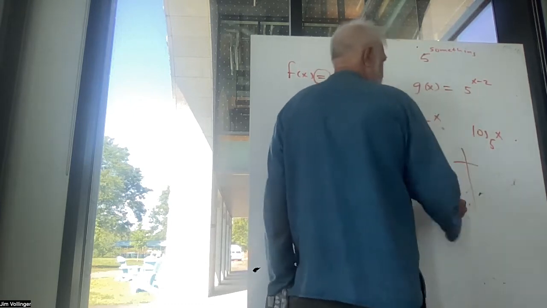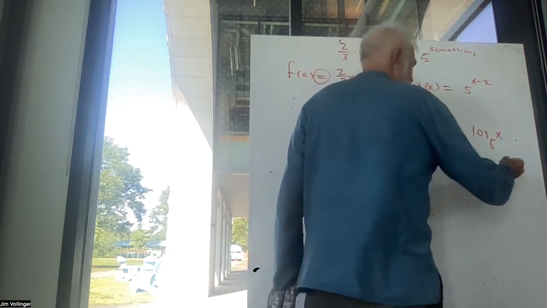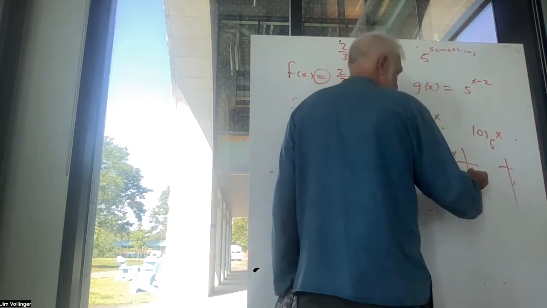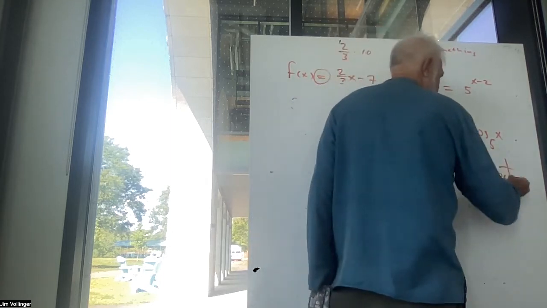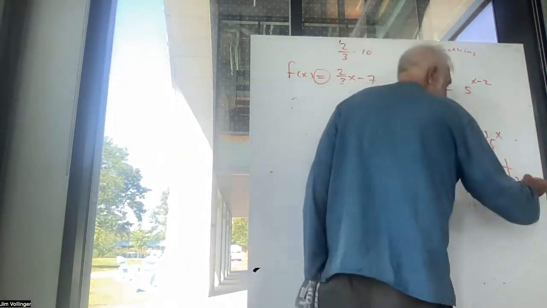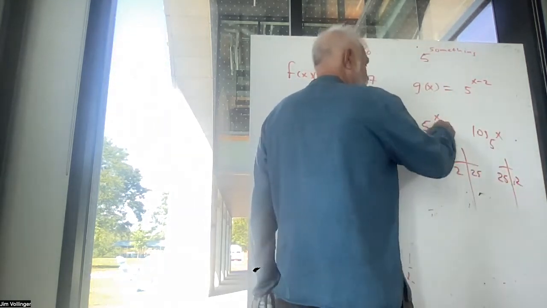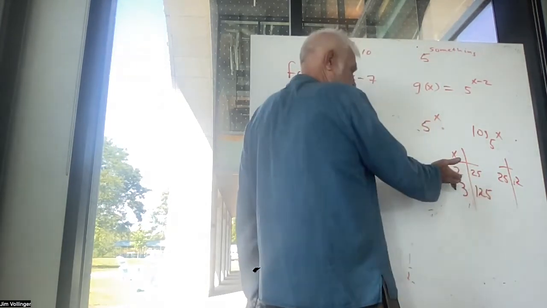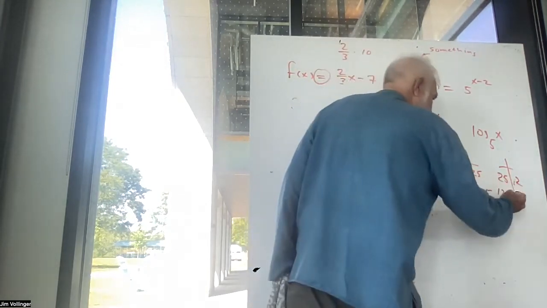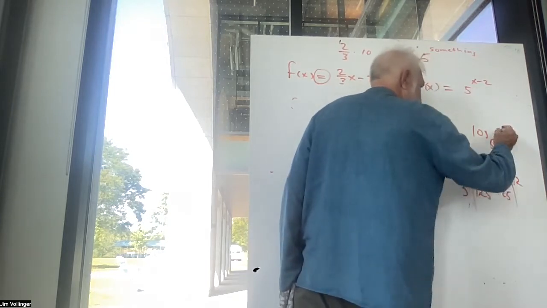So if I plug in an x value of 2, I hope you can see 25 on this side. If I put 25 in for x, I hope you can see 2 on that side. If I put a 3 in, I hope you can see 125. I've got a feeling you can see that easier than putting the 125 here.